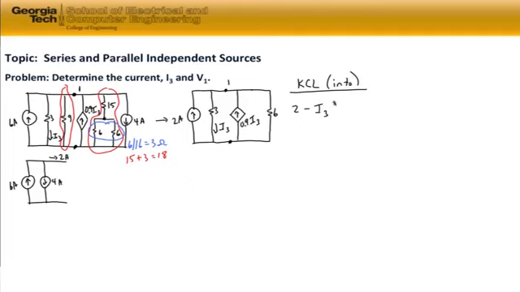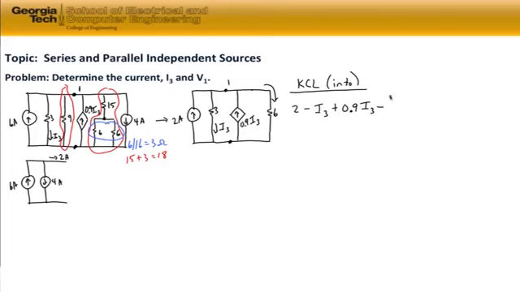We have 0.9 I3 flowing into the node. And we also have the current going down through the 6 ohm resistor on the right-hand side of the circuit. That current is flowing out of the top node, so we put a negative sign.